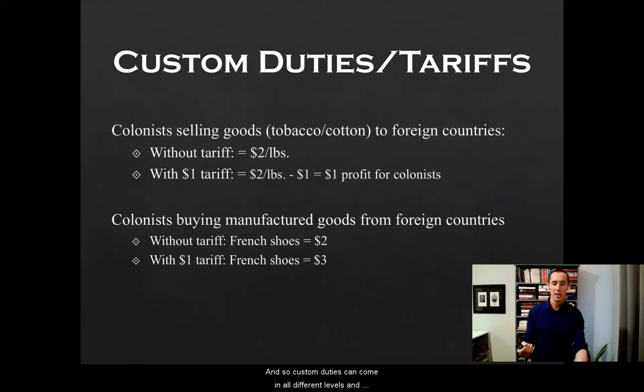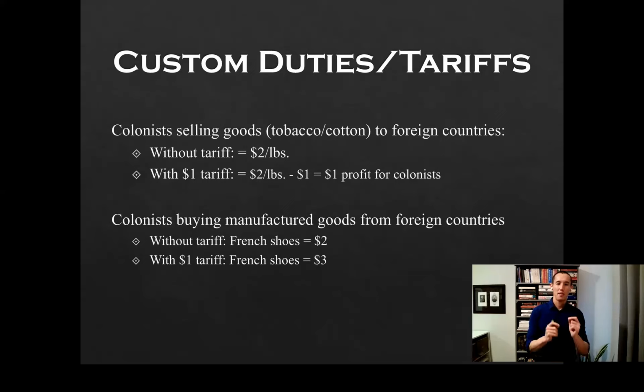Custom duties can come in all different levels, and we won't get into that. Basically, it's a tax on products going into the colonies, and in this case, also ones going out from the colonies. Usually it's just goods imported.